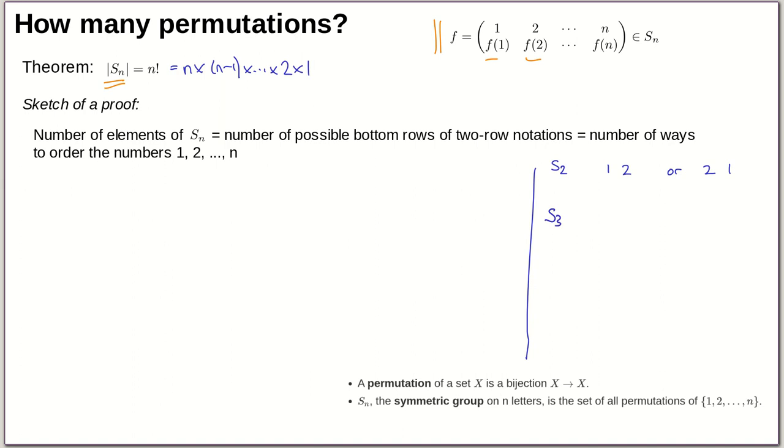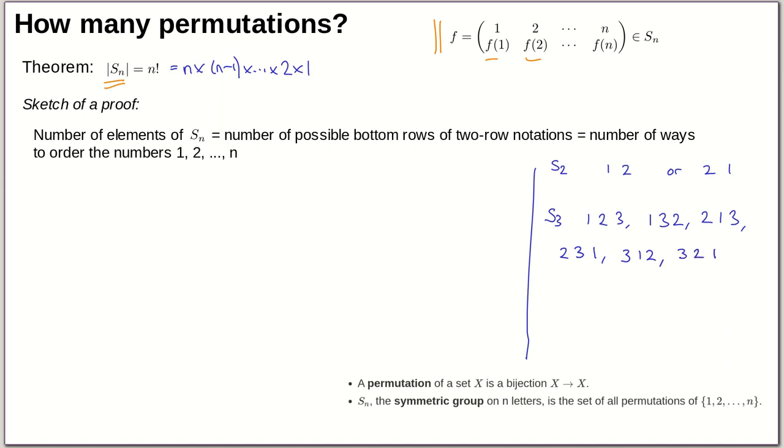And for S3, the possible bottom rows for the two-row notation of a permutation of the set 1, 2, 3 are the different ways to write the numbers 1, 2, 3 in some order. So this time the possible bottom rows are 1, 2, 3, or 1, 3, 2, or 2, 1, 3, or 2, 3, 1, or 3, 1, 2, or 3, 2, 1.